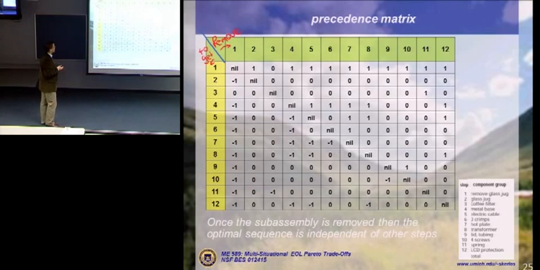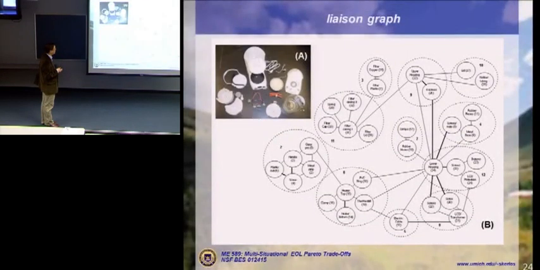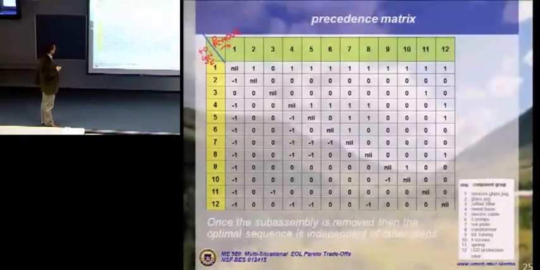So this is a precedence matrix. The columns here are what the target is, or I'm sorry, what you need to remove to get the subassembly, if you will, in the rows. So for instance here, if I want to remove basically anything except number 3, which is your copper filter, I basically don't have to do anything.